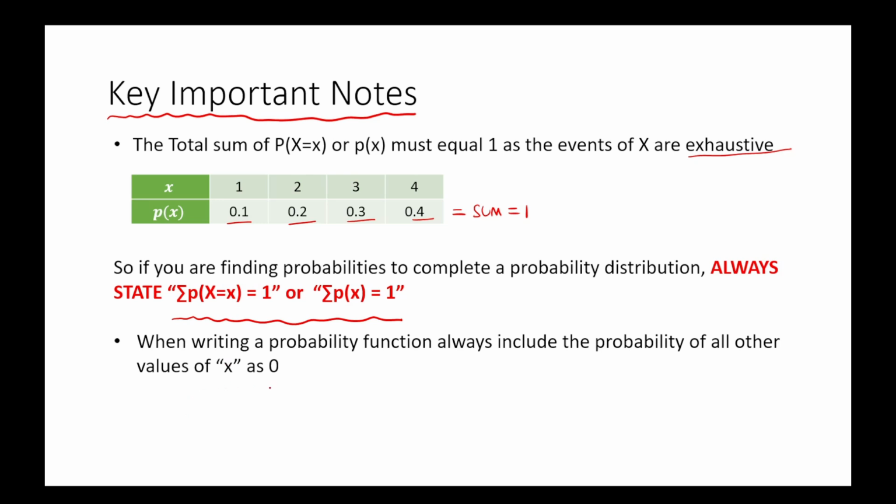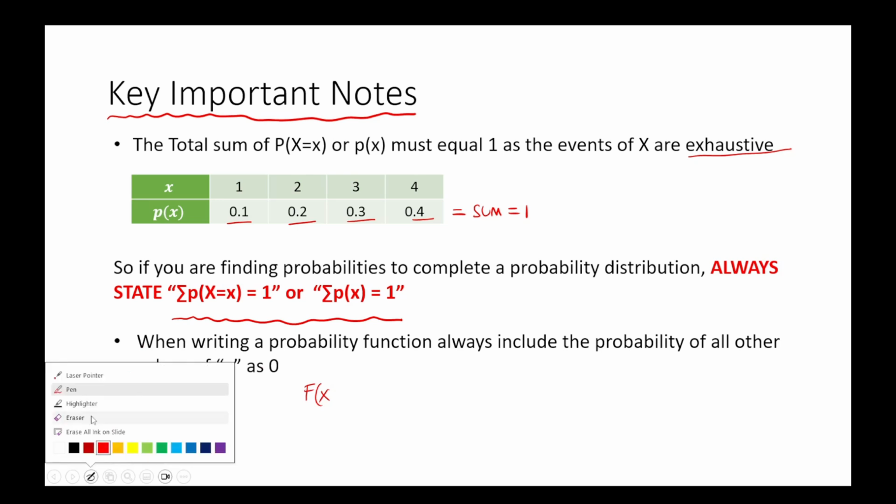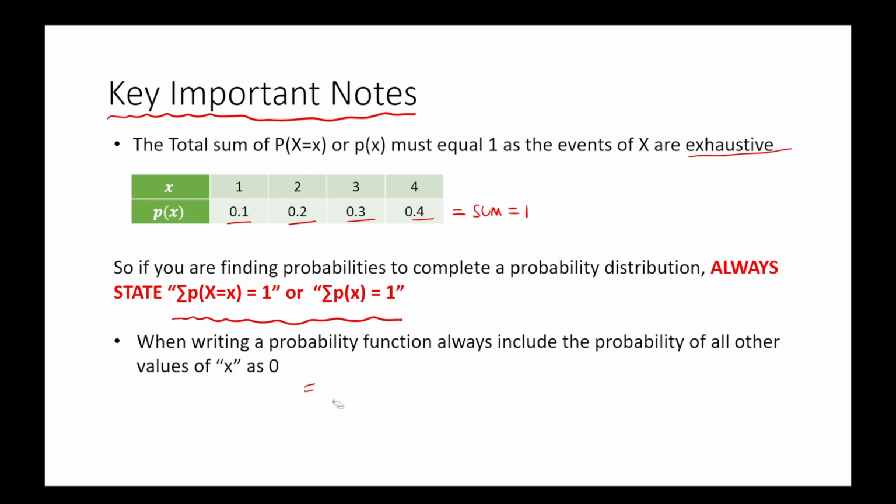Now, another key property that you need to remember is that whenever you're writing a probability function, you always include other values of x. So for example, if I was to work out the probability function, let's say I've got p of x equals x, and you could use absolutely any letter at all.